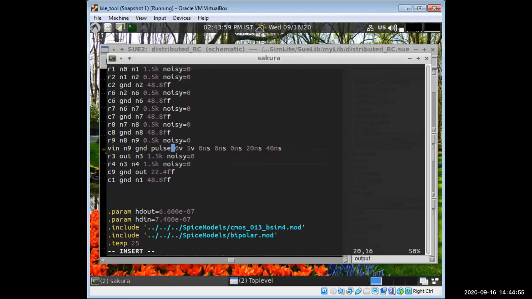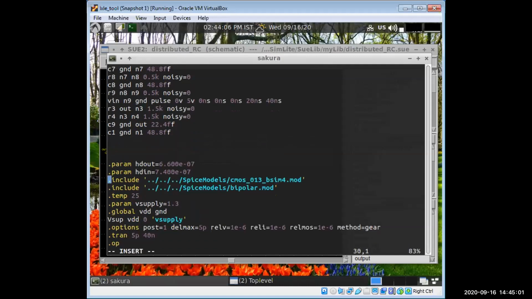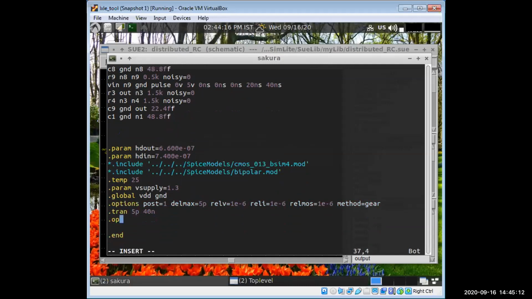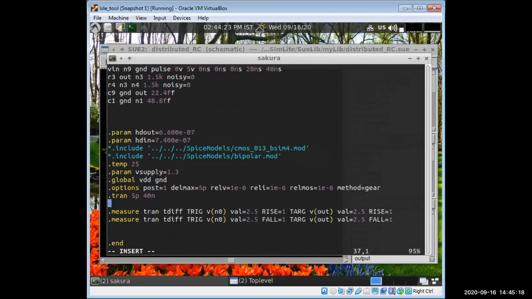Okay, so now the input voltage is connected to node N9. Then comment this out, no need of this. Then the .measure and the .control.